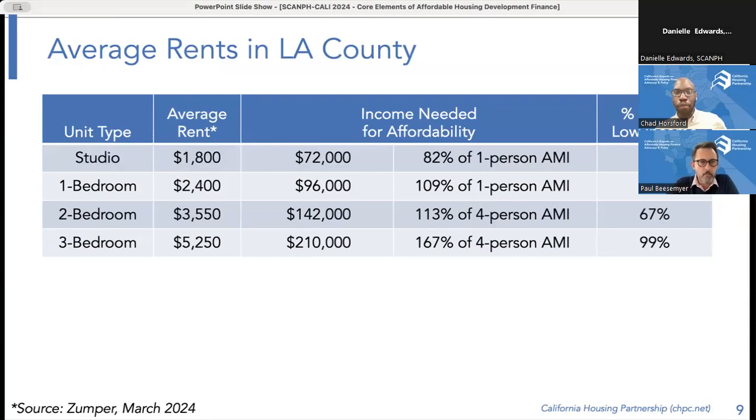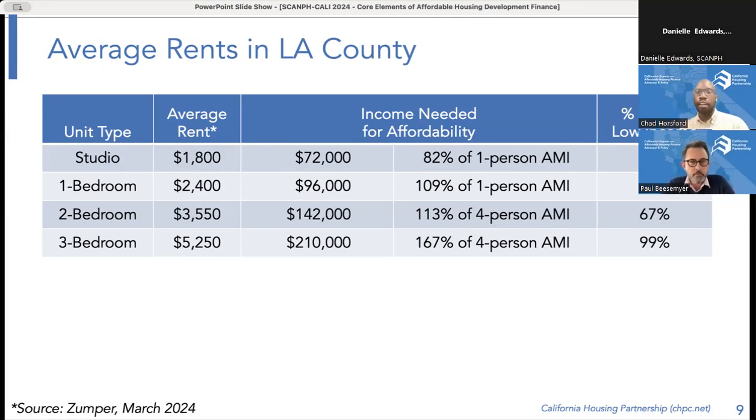Again, if we assume that as long as a household is paying no more than 30% of their income toward rent, that's affordable to them. That means a household needs to earn $72,000 for the year in order to support this rental payment.